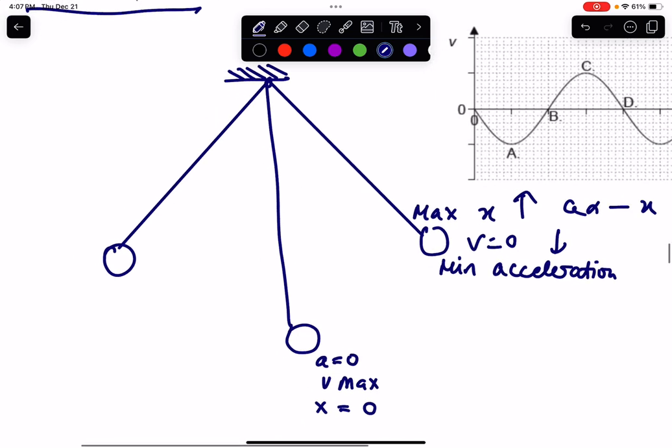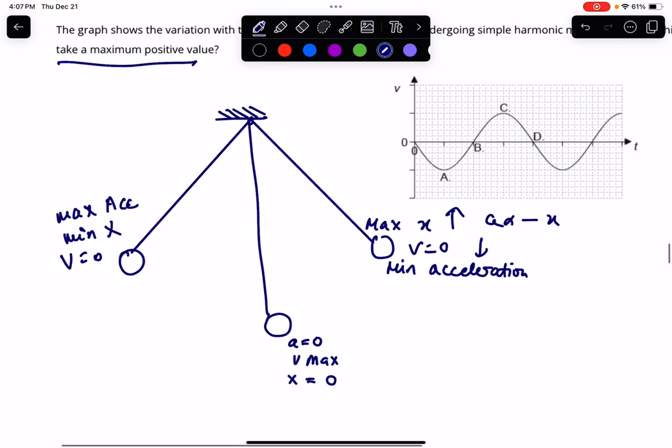All right. And at our left amplitude, you have the minimum value of x, but you have the maximum value of acceleration. And we know that the velocity is 0. Okay. Now, in this case, what's happening is that the velocity is going from 0 to negative.